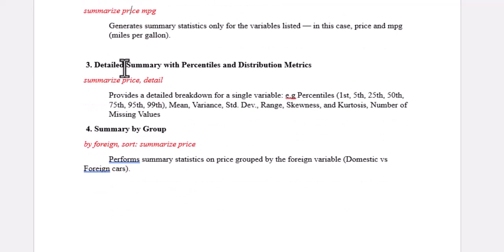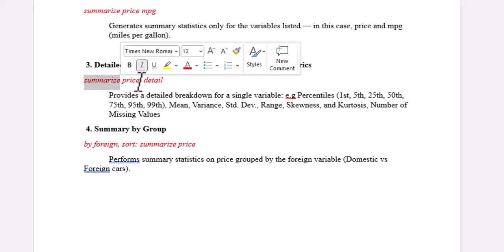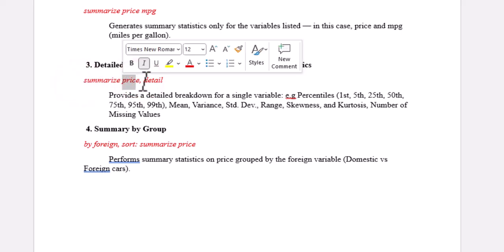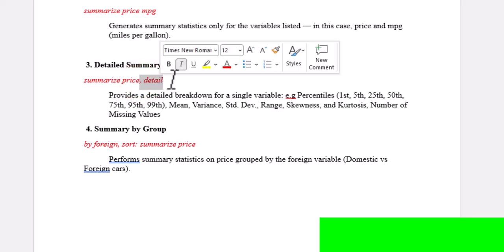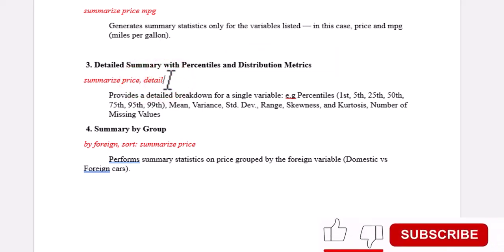Then we shall also be running a detailed summary statistics, which contains the percentiles and the distribution metrics. For instance, if you want the summary statistics of price, you write summarize, then the variable, then a comma, and then the word detail, so that you can have the detailed summary statistics.